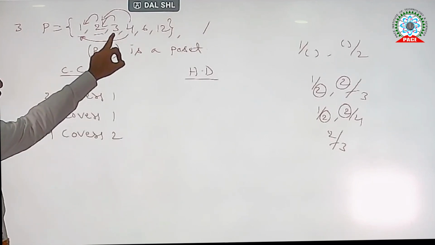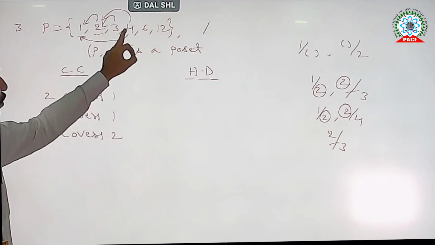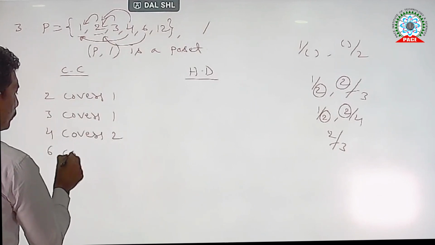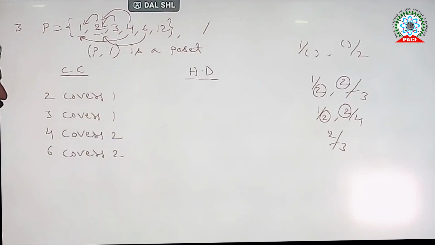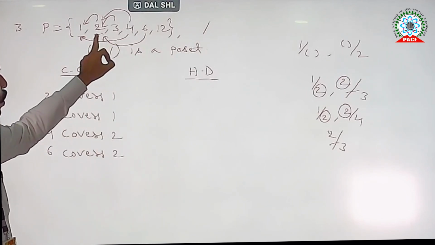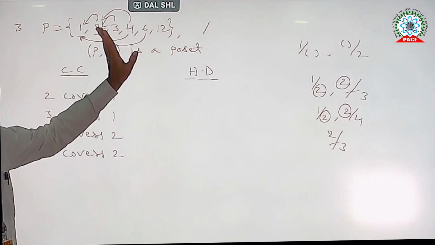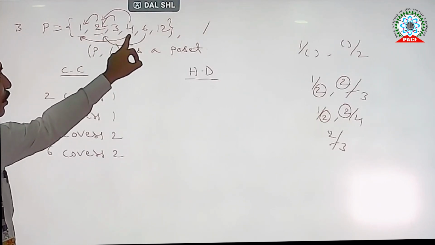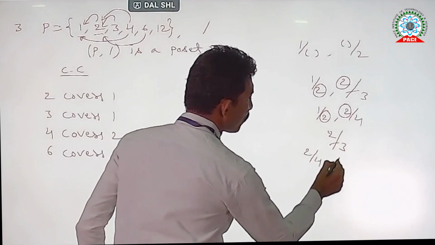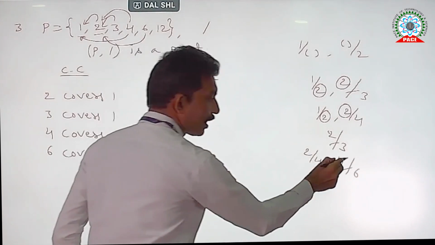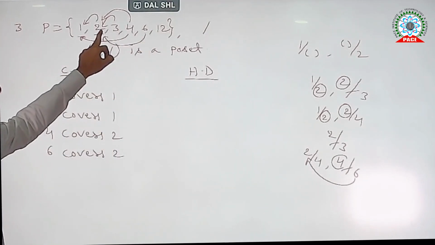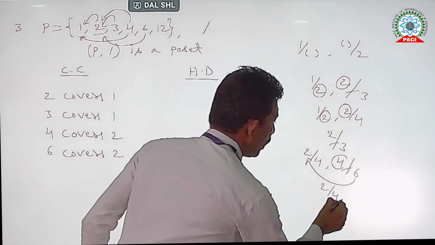Similarly, 6 covers 2, because 2 divides 6 and there is no other element in between. Here 4 is there, 2 divides 4 but 4 does not divide 6. So 6 covers 2. Next, 12 does not cover 2, because 2 divides 4 and 4 divides 12, so there is an element 4.